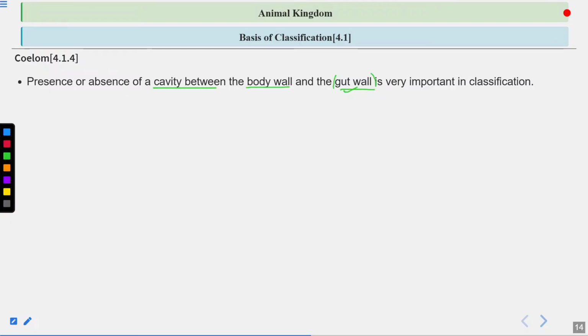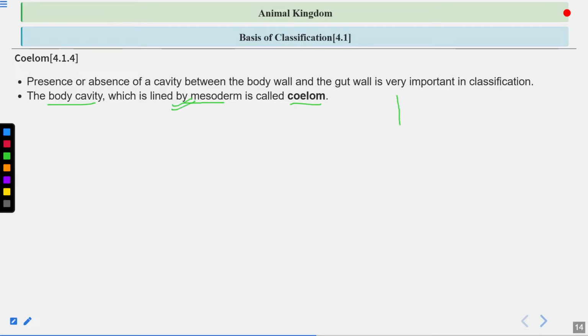Like we are having the body wall. So the body cavity which is lined by the mesoderm is called coelom. This is very, very important to understand. So here, if I say this is the body wall, and here we have the gut, and this is the wall of the gut.